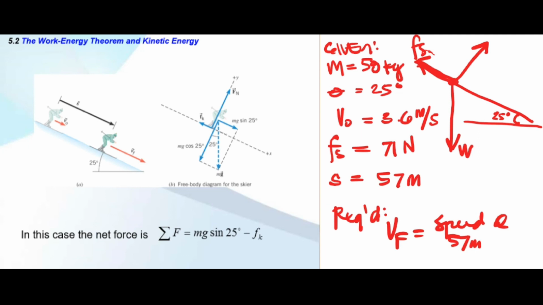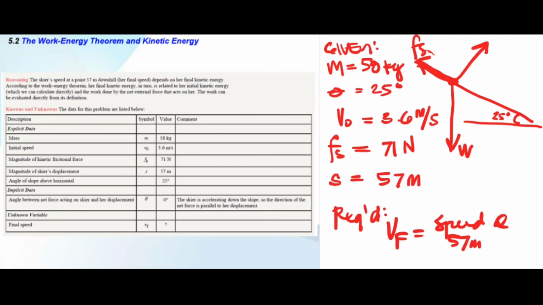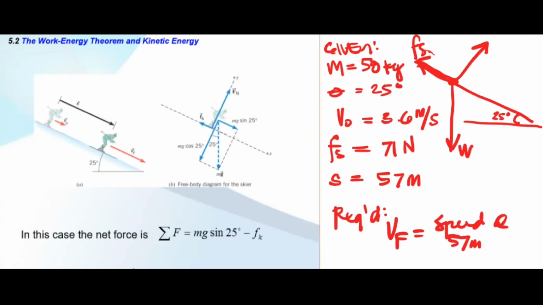Now if we look at the forces acting, this is just the weight divided into components. This is the x component of the weight and the y component of the weight. The x component is mg sine 25 and the y component is mg cosine 25.